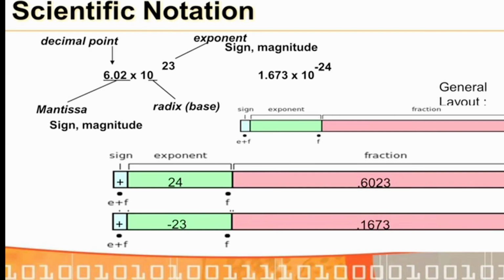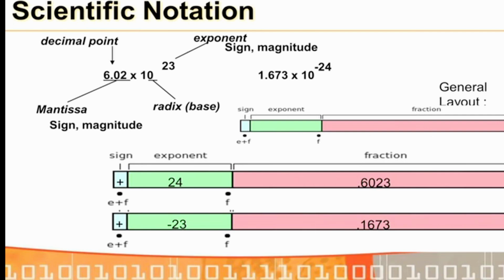So what we need here is a sign, a magnitude, then a mantissa, a decimal point, then an exponent, and then a radix, a base for the exponent. So I have an exponent, I have a fraction, and then I need a sign bit.